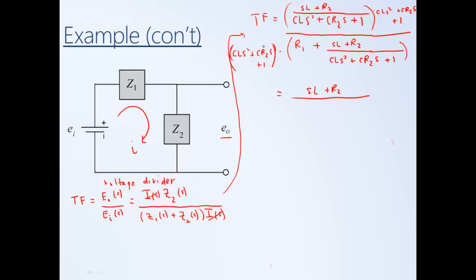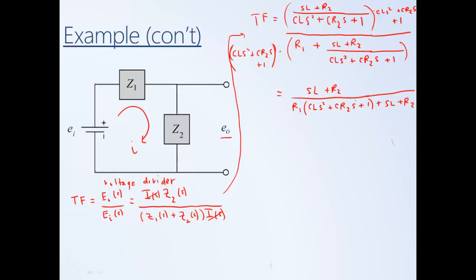In the denominator, if we multiply through, this expression will distribute and it'll multiply the R1. And then when we distribute it to the second term, this denominator will cancel with that term, and we'll just be left with SL plus R2.